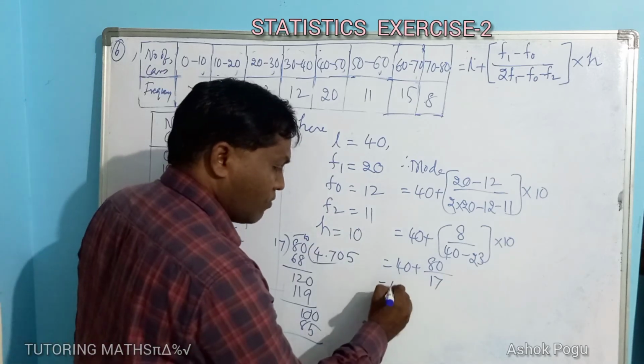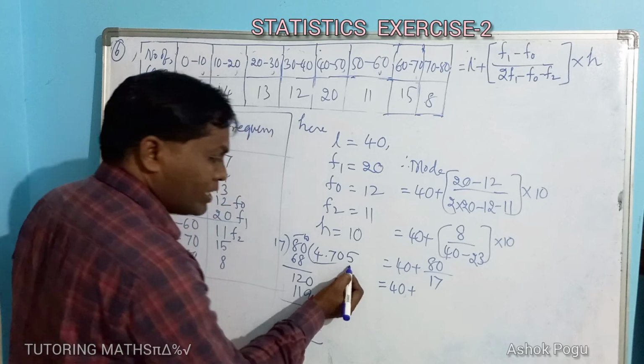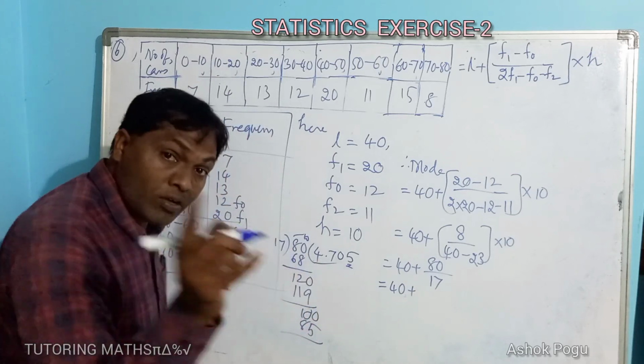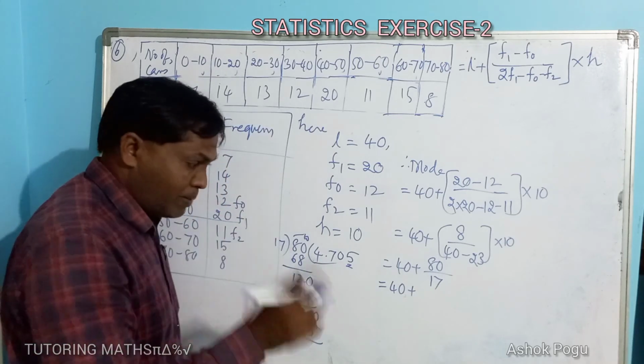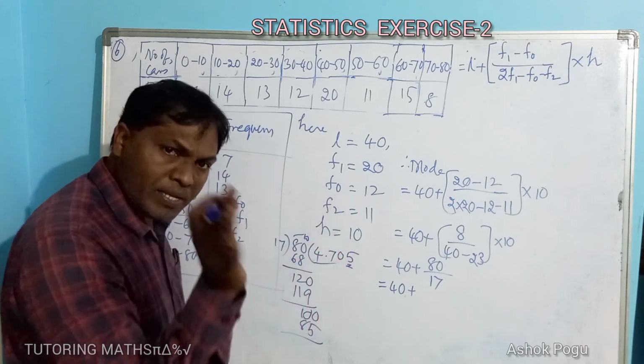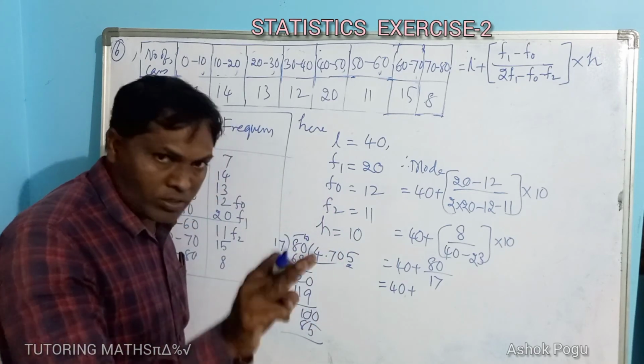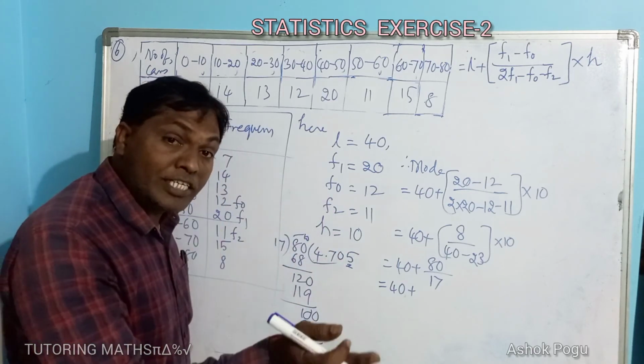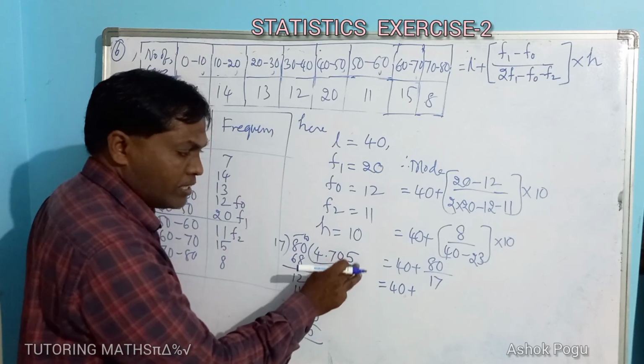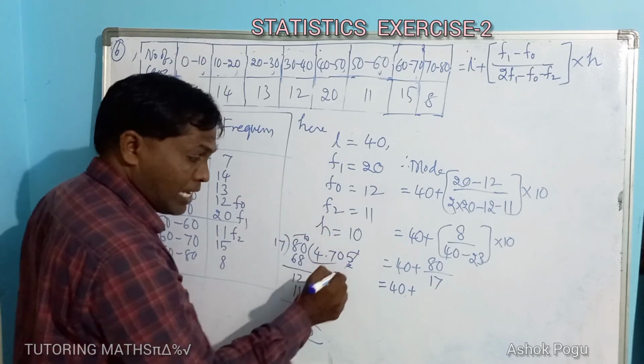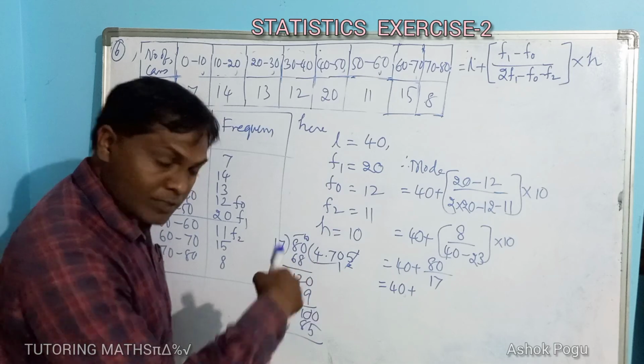Now it is 40 plus 4.705. What is the third decimal place? 5. Just now we have discussed, always I am explaining this. We find three decimal places, but correct into 2 decimal places. If the third decimal place is equal to 5, then cancel 5 and add 1 to its preceding digit.